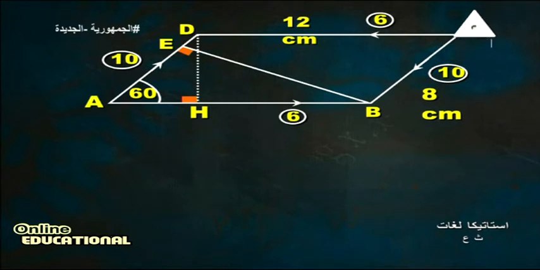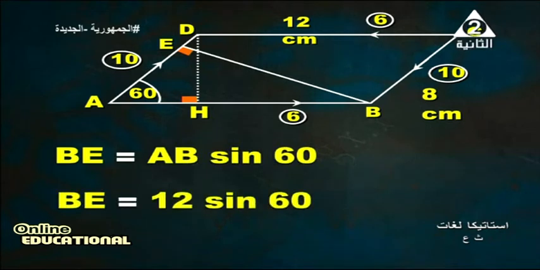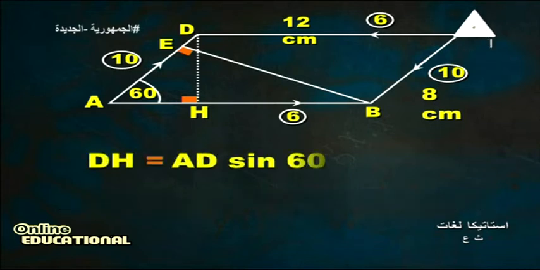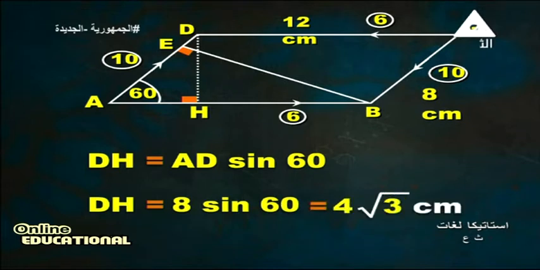Look, BE equals AB sine 60, then BE equals 12 sine 60, sine 60 is root 3 over 2, so 6 root 3. Also DH equals AD sine 60, 8 times root 3 over 2, 4 root 3 centimeter.